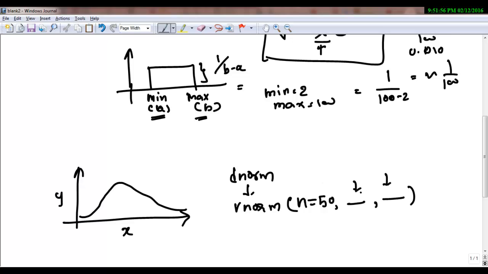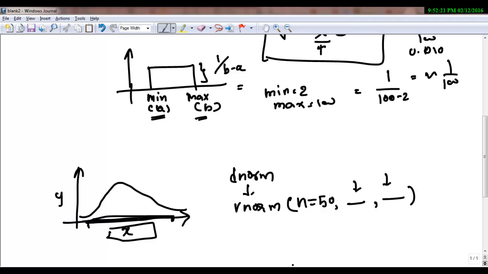So according to these parameters, I want this set of values. In dnorm, I was passing this set of values, and in rnorm, I am getting this set of values as the answer.